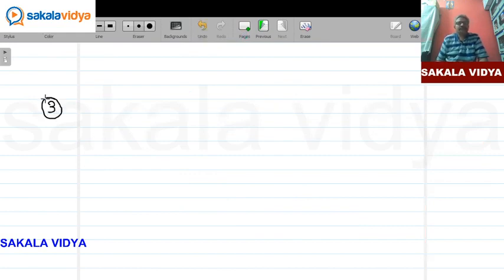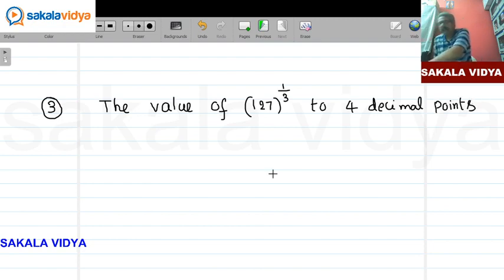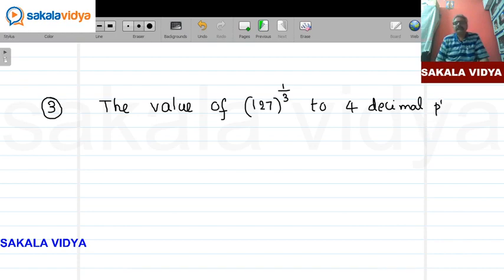Now third question. The value of 127 to the power of 1 by 3, that means cube root of 127, to 4 decimal places.